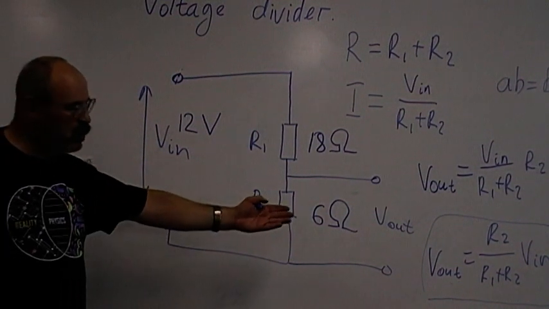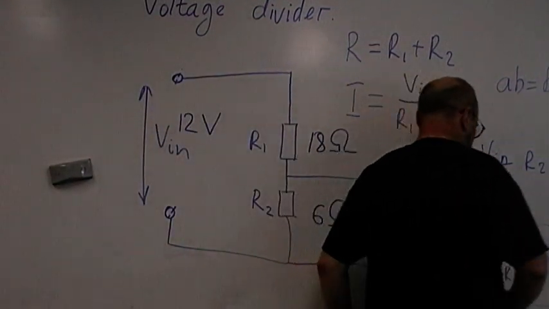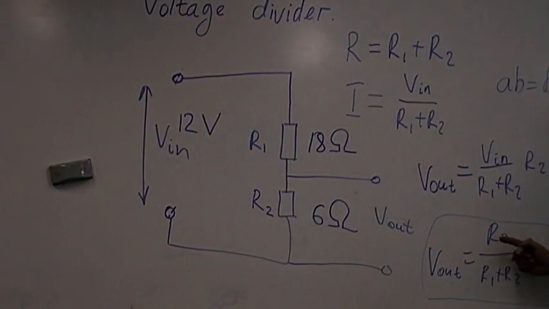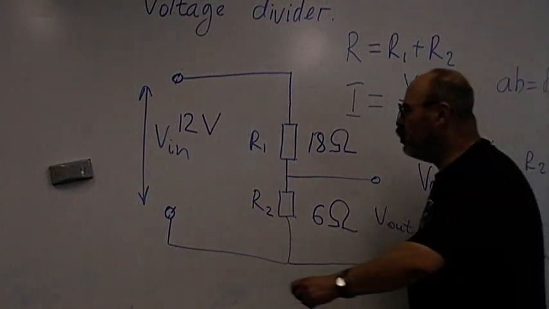What will the voltage out be in this case? Using this formula, it's 6 over 6 plus 18, which is 6 over 24, which equals 1 fourth, times 12.